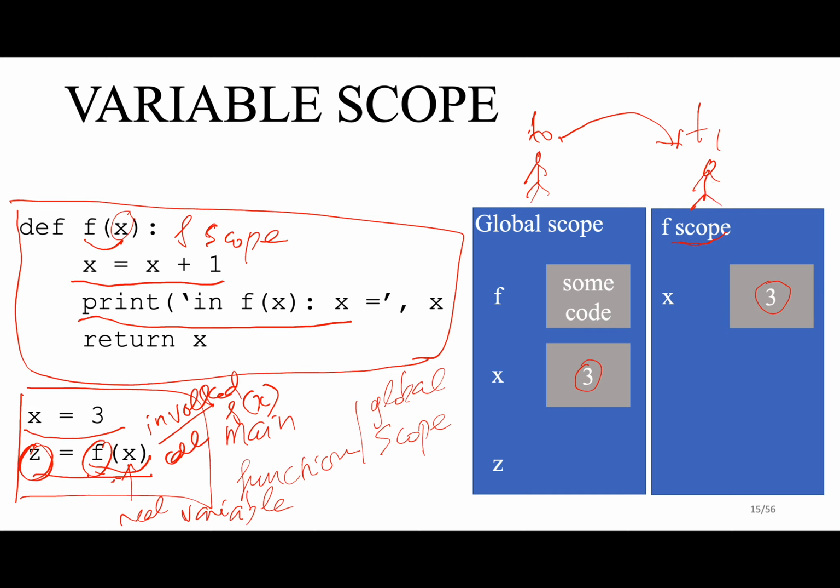You are no longer in the global scope, you have transferred to the f scope. We call it switching, and this usually takes time. Keep in mind that it's very important.